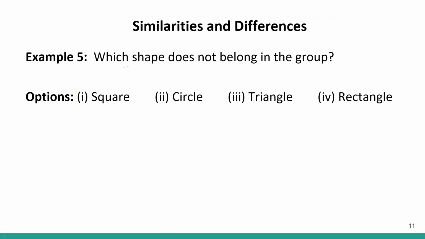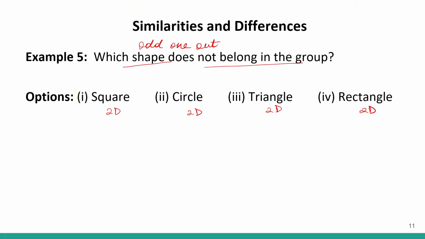Now, which shape does not belong in the group? So this is a question of odd one out. Okay. Now, square, circle, triangle, rectangle. So one way to look at it is square is a 2D figure, circle is a 2D figure. Similarly, triangle is also a 2D figure and rectangle is also a 2D figure.